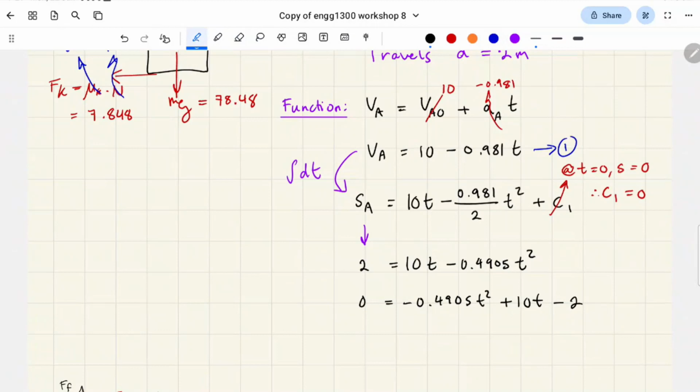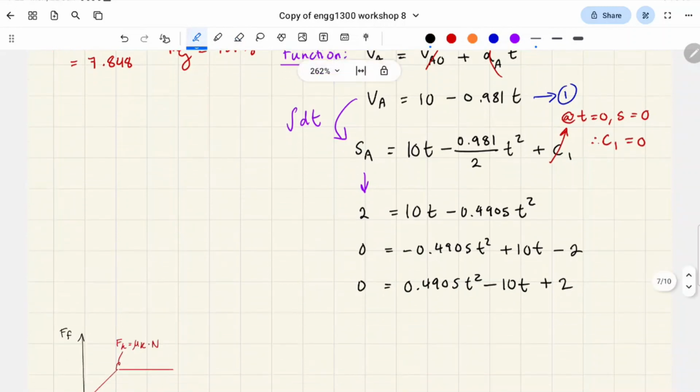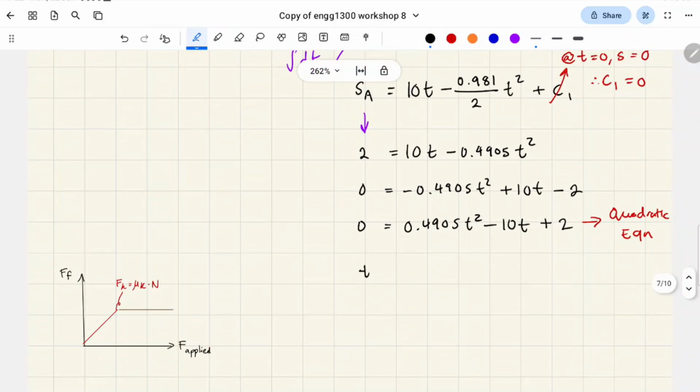In general, I like to keep the constant in front of the t squared positive, so I'm going to multiply everything by -1, and 0 multiplied by -1 is still 0. So now this is a quadratic equation. When we plug that in, we get that.